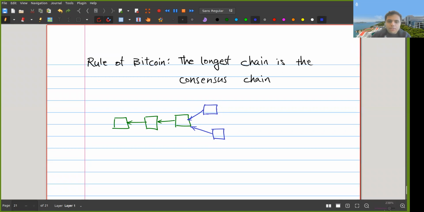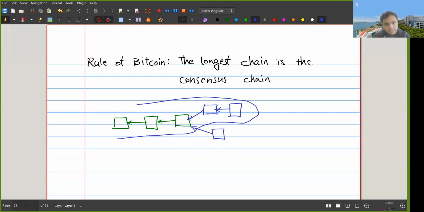But at some point, someone will add another block to one of these. And as soon as that happens, as soon as one fork becomes longer than the other fork, then the longer fork is the consensus chain. So as soon as we have something like this, I would say that, okay, this is now my blockchain, and I ignore this part. Because the rule is that the longest chain is always the consensus chain.